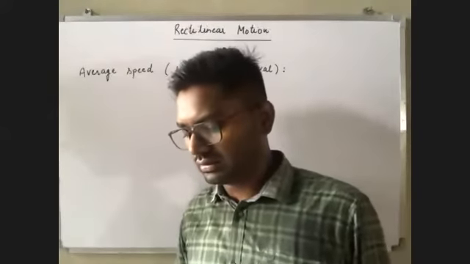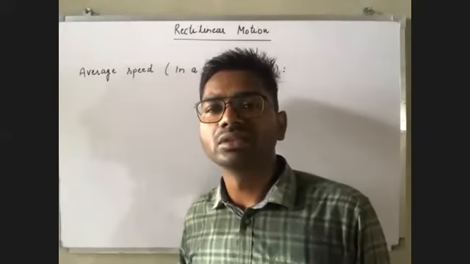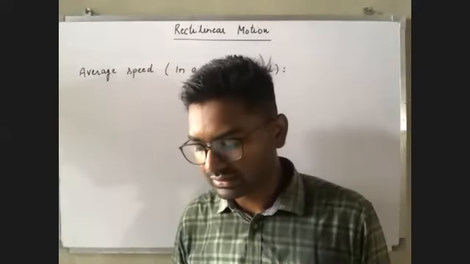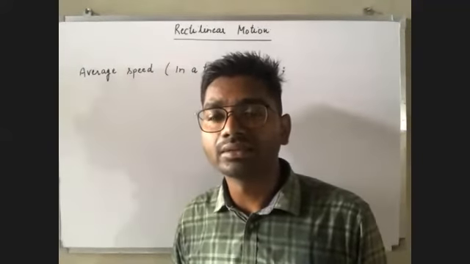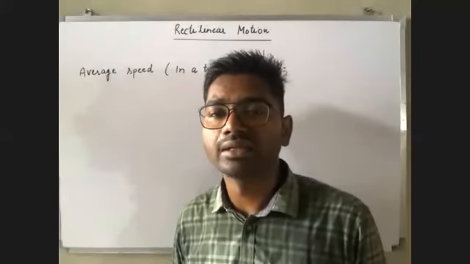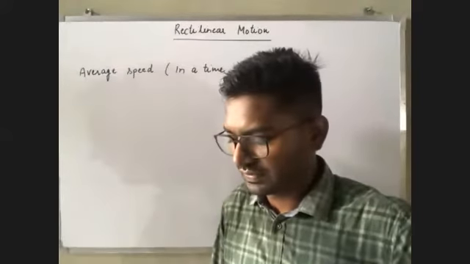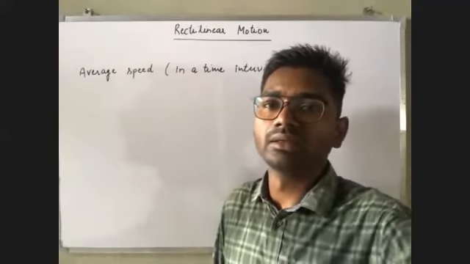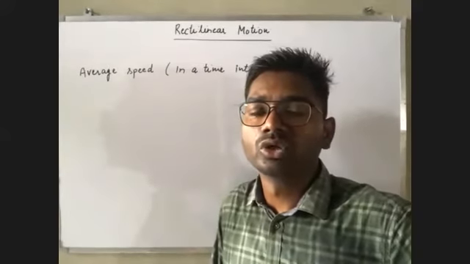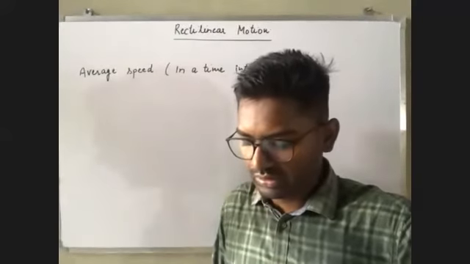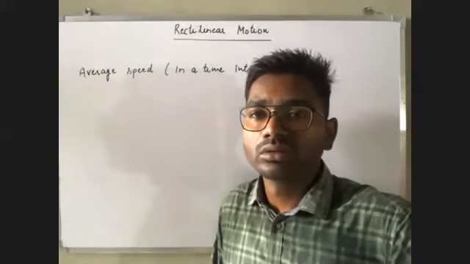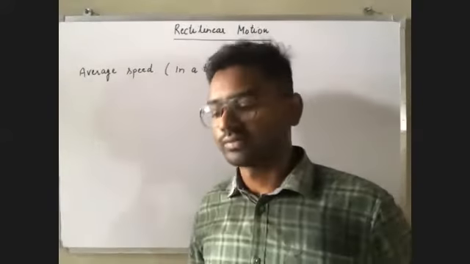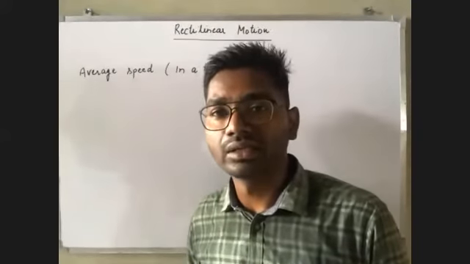Okay, write it down. Average speed is defined as the total path length traveled divided by the total time interval during which the motion has taken place.